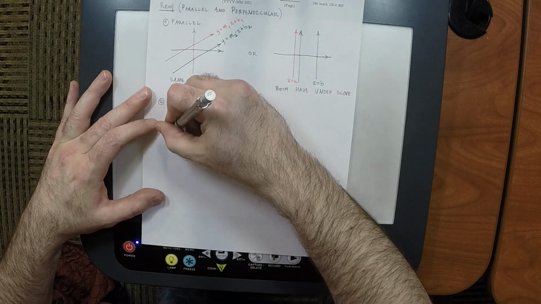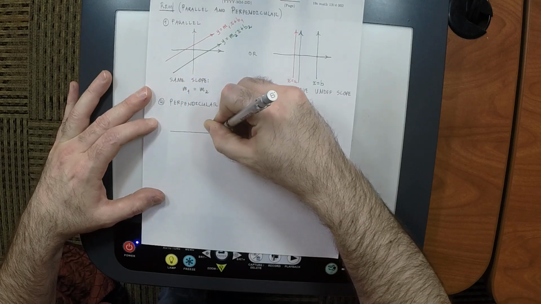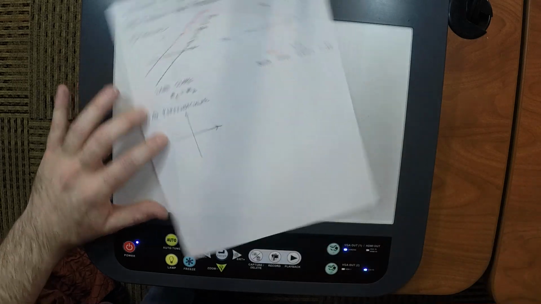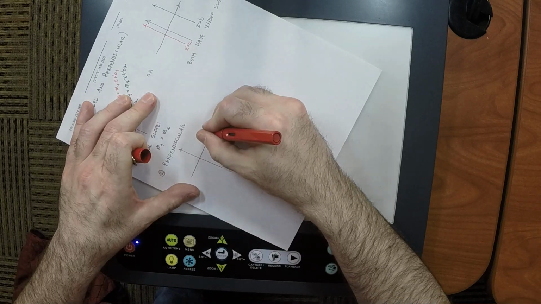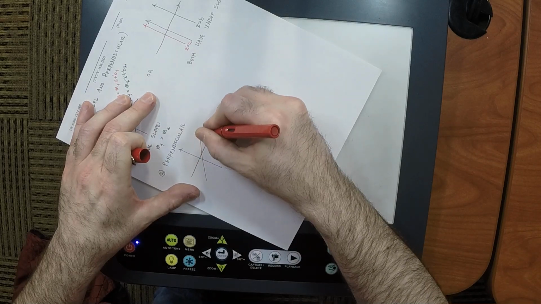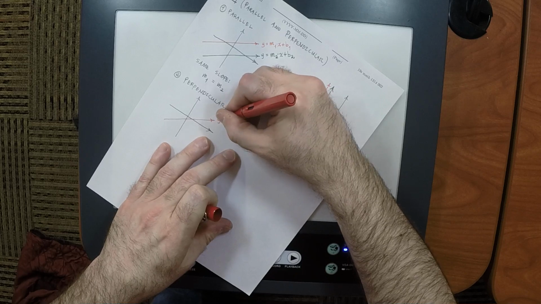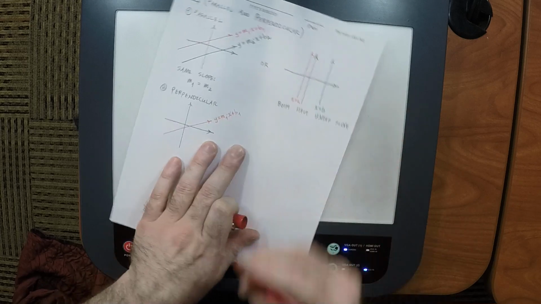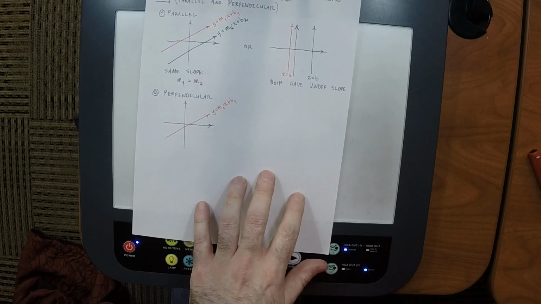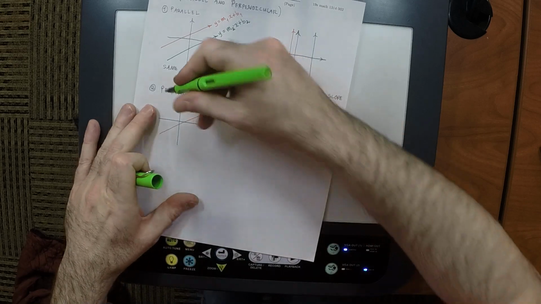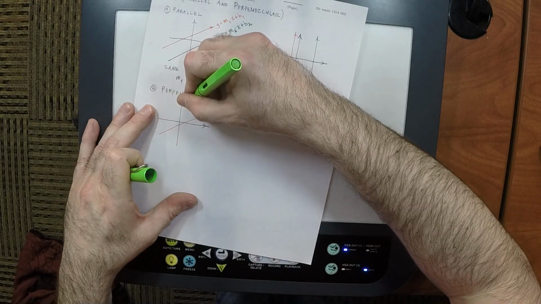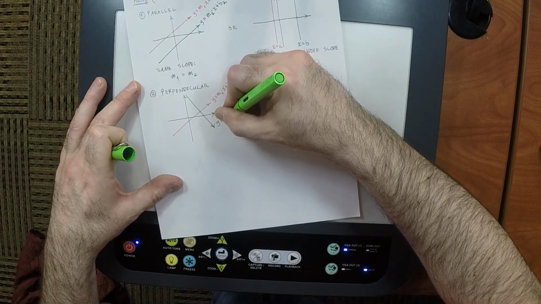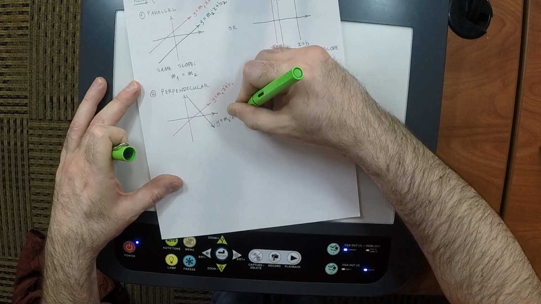Okay. So again, there'll be two cases. So we've got a line, y is m1x plus b1. And we've got another line, which is going to cross and do so at a right angle: y is m2x plus b2.